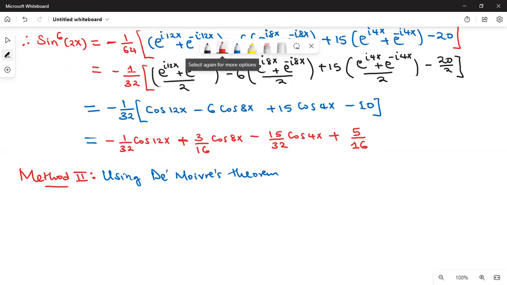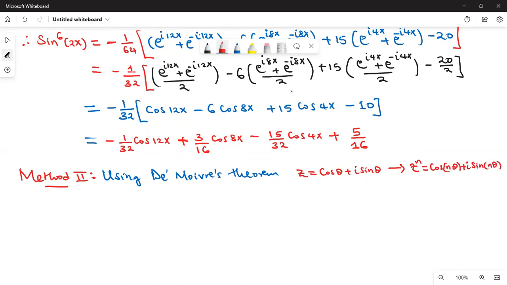It is z raised to n. If z is equal to cos theta plus i sin theta, then it means that z raised to n is the same as cos n theta plus i sine n theta.